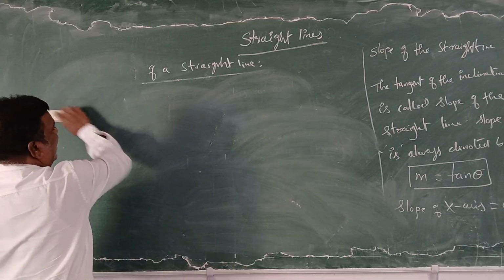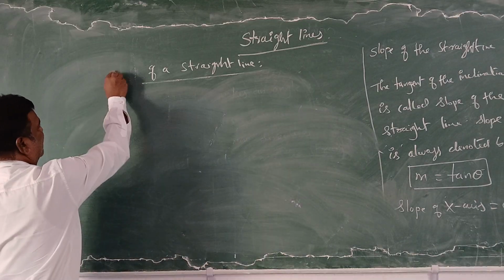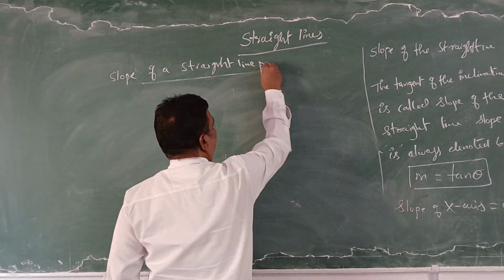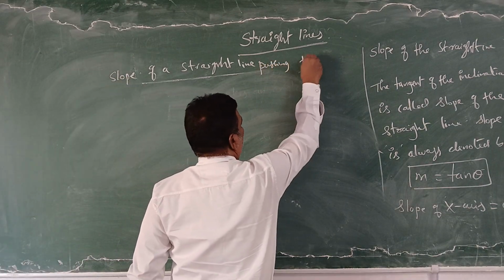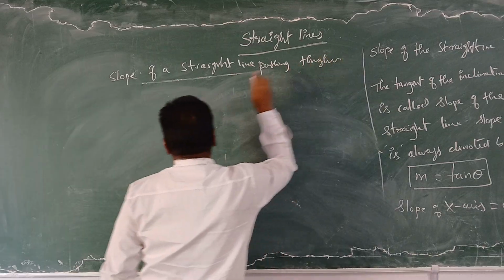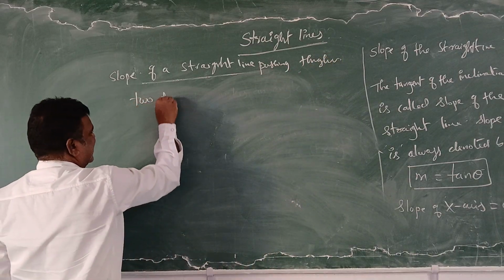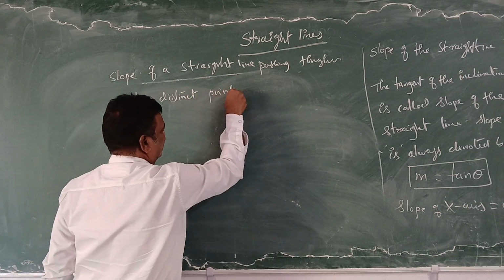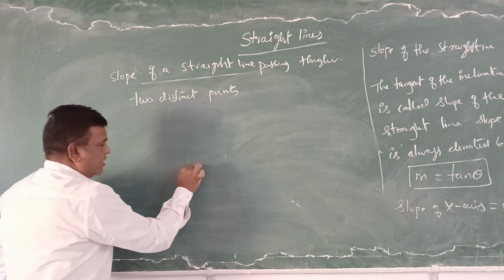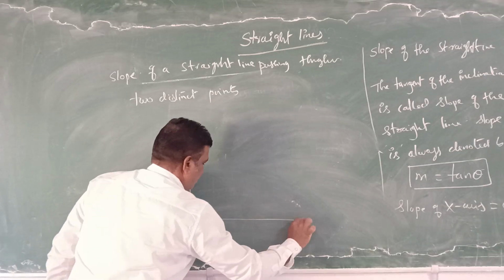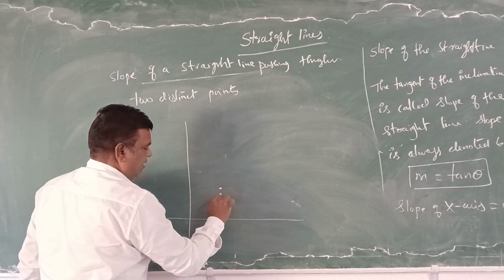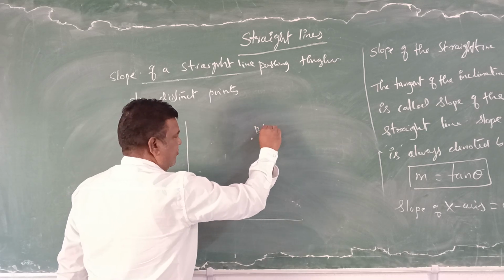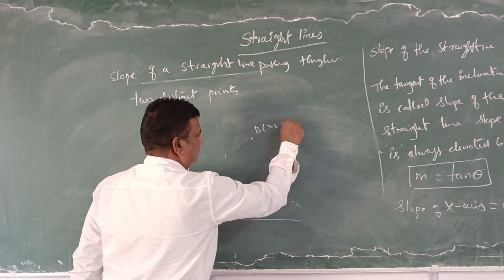Slope of a straight line passing through two distinct points. See, this is A (x1, y1) and this is B (x2, y2).